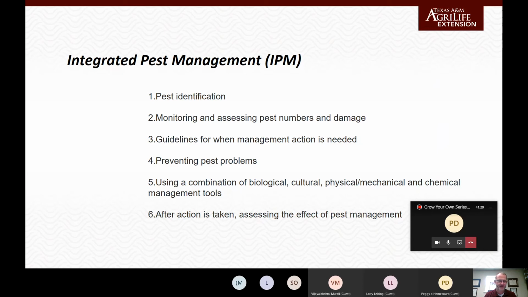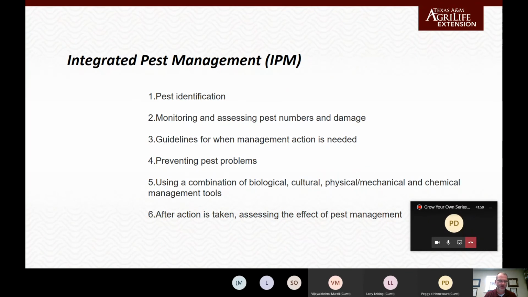These can be insects, they can be disease, a whole range of issues can be addressed through this system. And the first step within this is identification of the problem. So if we don't know what the problem is correctly, then we can't really control it.